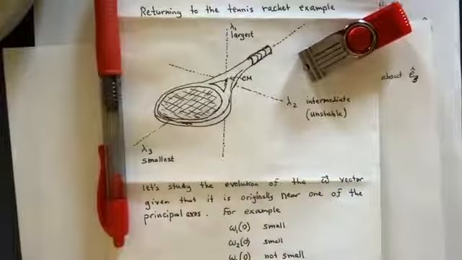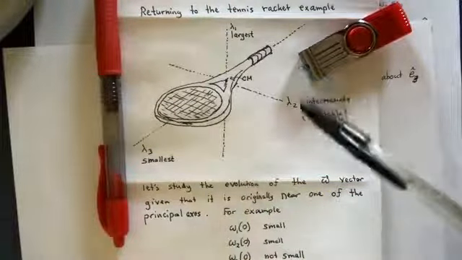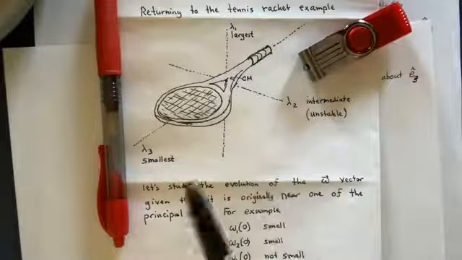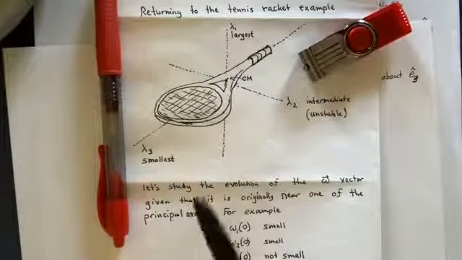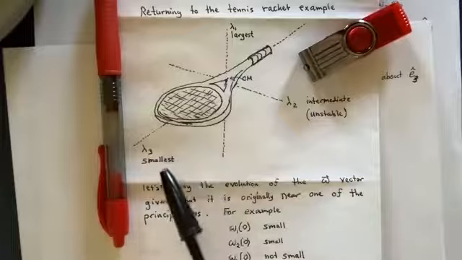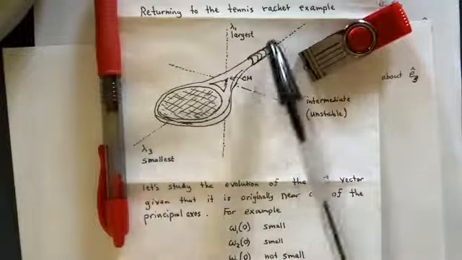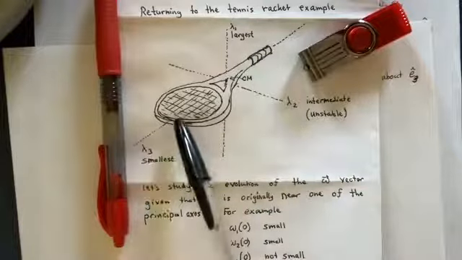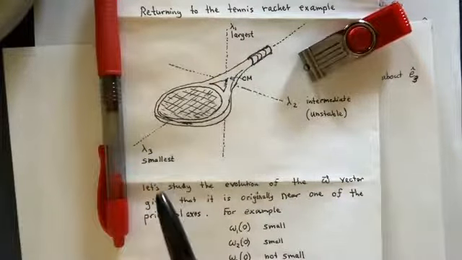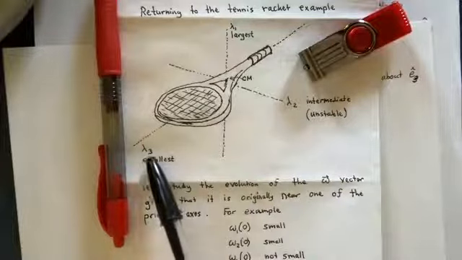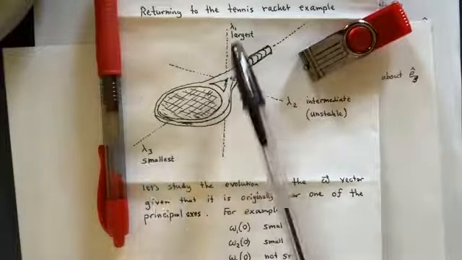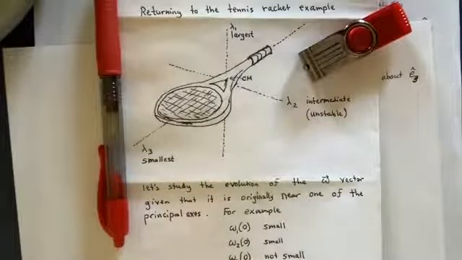There we go. So this is something we talked about last time. It was a wonderful opportunity to build up some experience with eigenvalues. We argued that this lambda 3 was the smallest. If you rotate the tennis racket about this axis here, the relevant moment of inertia is this lambda 3, and that's the smallest of the 3 eigenvalues. And again, this lambda 1 is the largest. That's what we talked about last time.